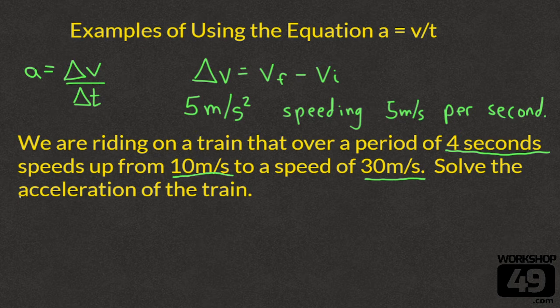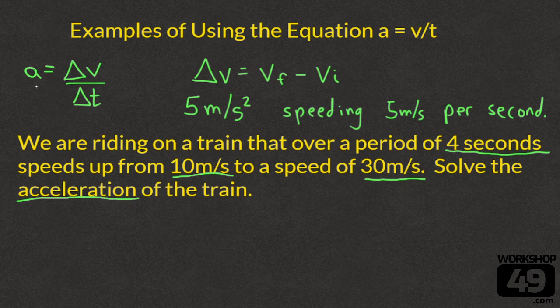We know that this is an acceleration problem because it has the word acceleration in it. And I often get asked the question, when do we use the A equals delta V over delta T instead of the traditional velocity equation V equals D over T?